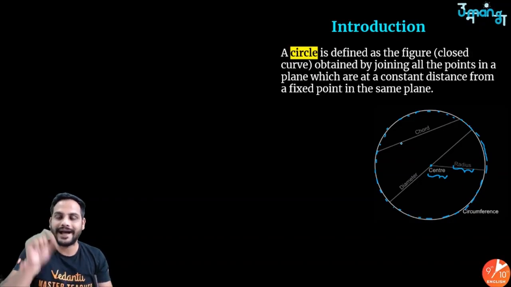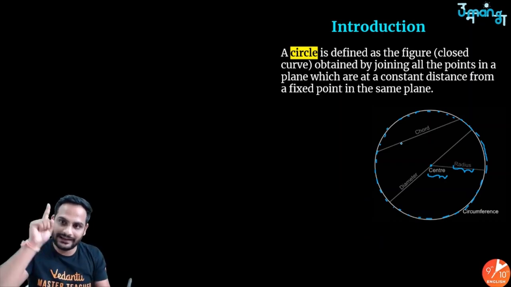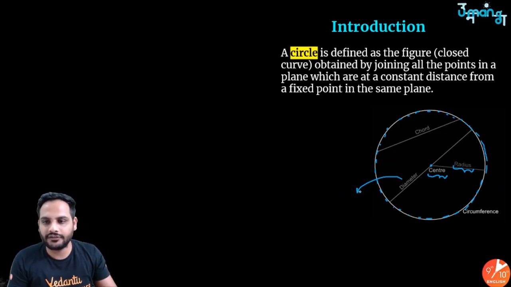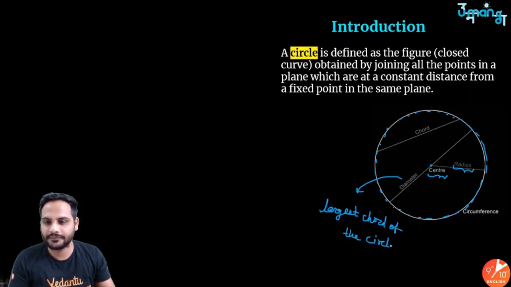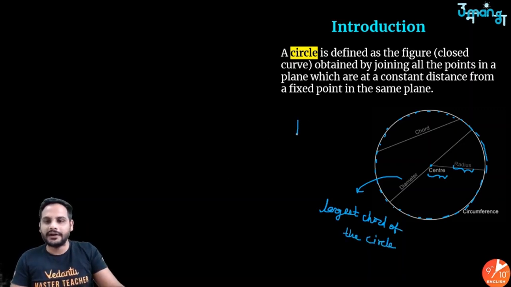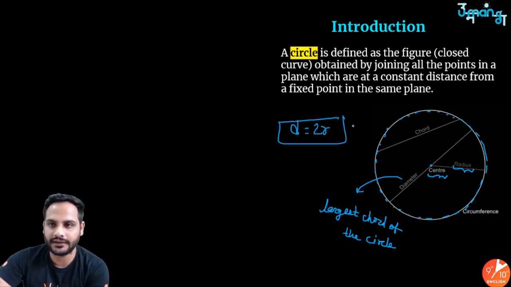But remember, diameter is that line joining two points of the circle, but it must pass through the center of the circle. So diameter also is the largest chord. Diameter is the largest chord of the circle. Got it? And also diameter is double of the radius. Diameter is equal to double of the radius, right?